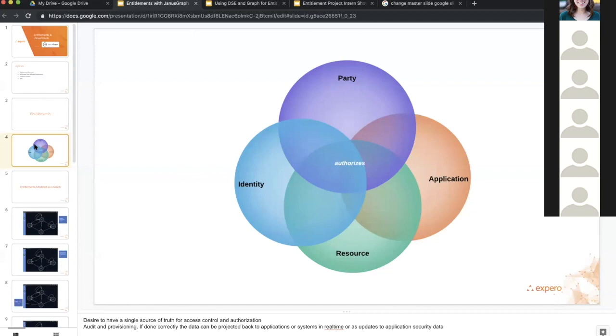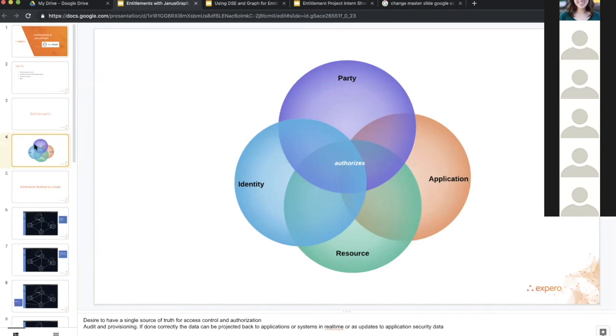And we want to control access in the context of an application. So in some contexts, an application is allowed to read and write to that resource, and in the context of another application, it's only allowed to read. So managing that with a comprehensive view for the enterprise is the desire here, so that you don't have to go to each and every individual application store and manage that data, using provisioning systems.